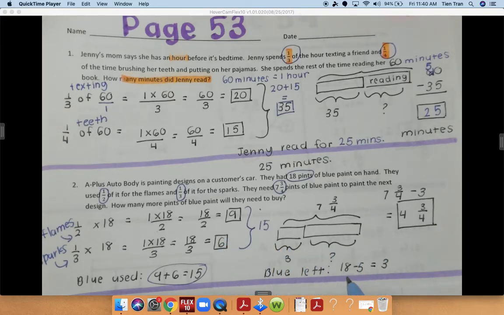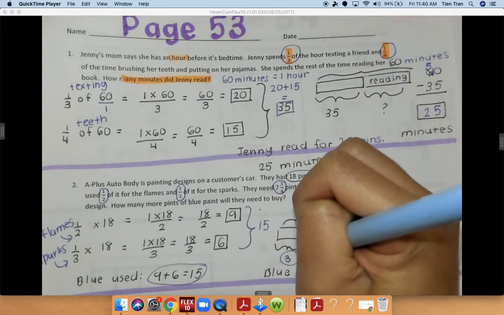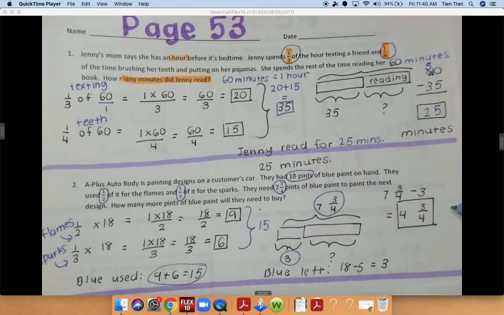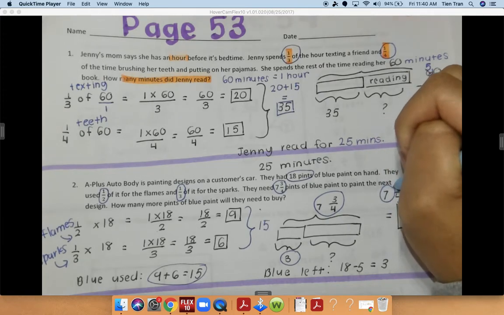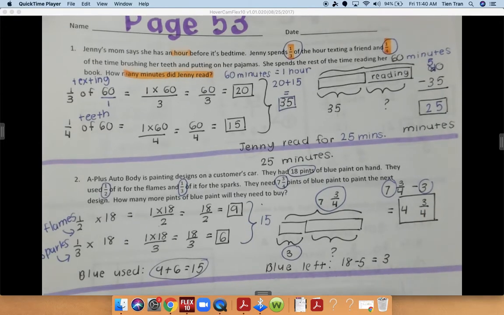So we are going to subtract 18 minus 15 to figure out how much blue paint is left. When I subtract 18 minus 15, I get 3. With this number, I'm going to subtract 7 and 3/4 minus 3, and that's going to give me 4 and 3/4 because 7 minus 3 is equal to 4, and 3/4 is my denominator.